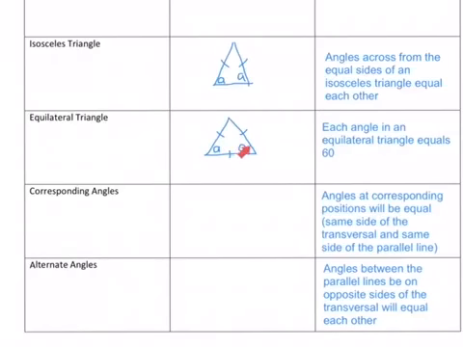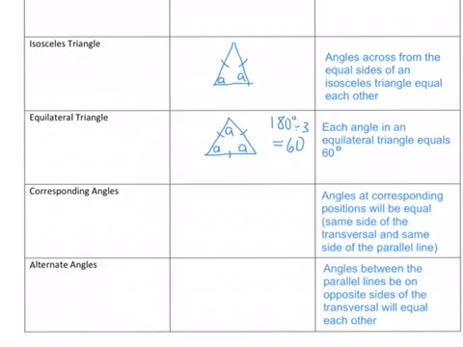So if I were to rotate that triangle around clockwise by about 120 degrees, I'm going to end up with these 2 angles being equal. So it actually makes 3 angles equal to each other. And if we know that all angles in a triangle add to 180, I'd take that 180 and divide it into 3 equal groups, and that's going to give me 60 degrees. So each angle in an equilateral triangle will equal 60 degrees.